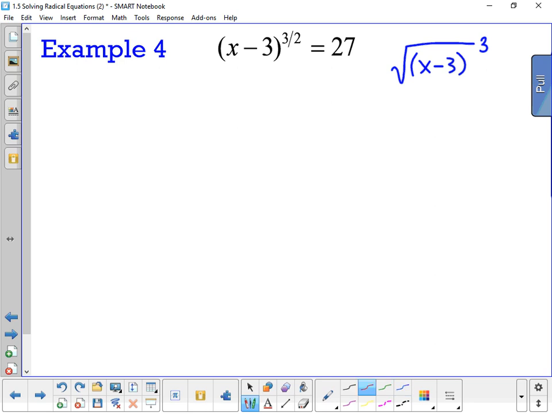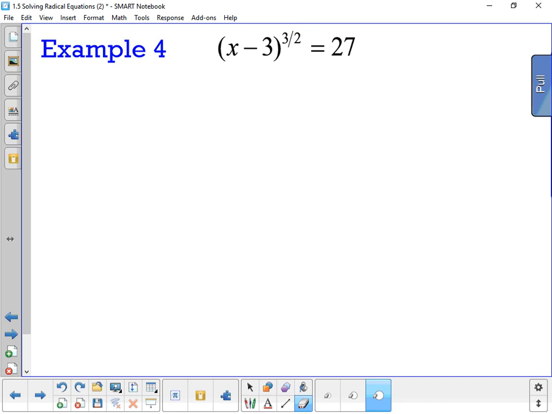Maybe you're wondering where the 2 went. The 2 is the index. In this case, it's a square root, so we usually don't write the 2. But it is a radical equation. You could, in theory, rewrite it as a radical and then solve it using steps similar to what we have been doing. But I think it's useful to know how to deal with it without converting it.